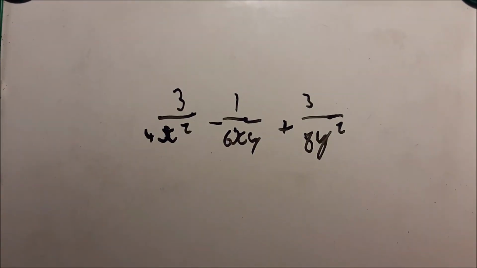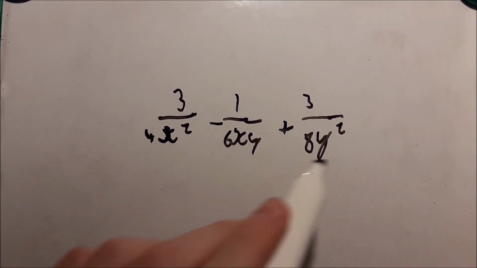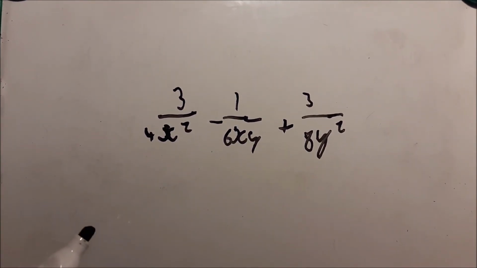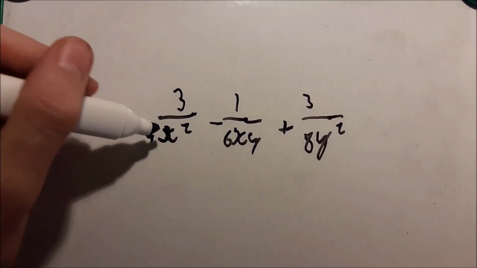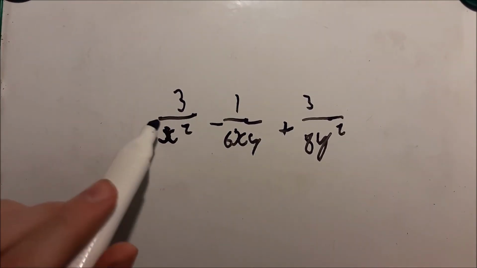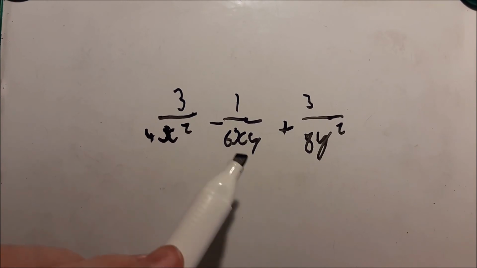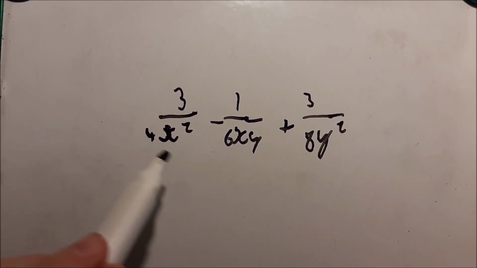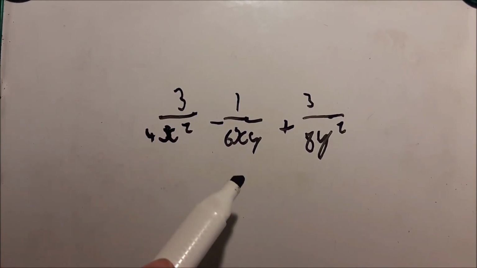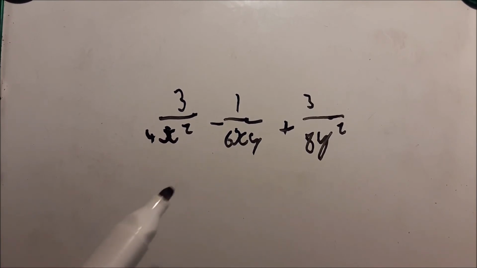So it's quite a long sum if you just look at it. But the first thing that we want to do is find a common denominator. So we have 4, 6, and 8, and x squared, y squared, and xy. So we know that it's going to be a number, x squared, y squared.